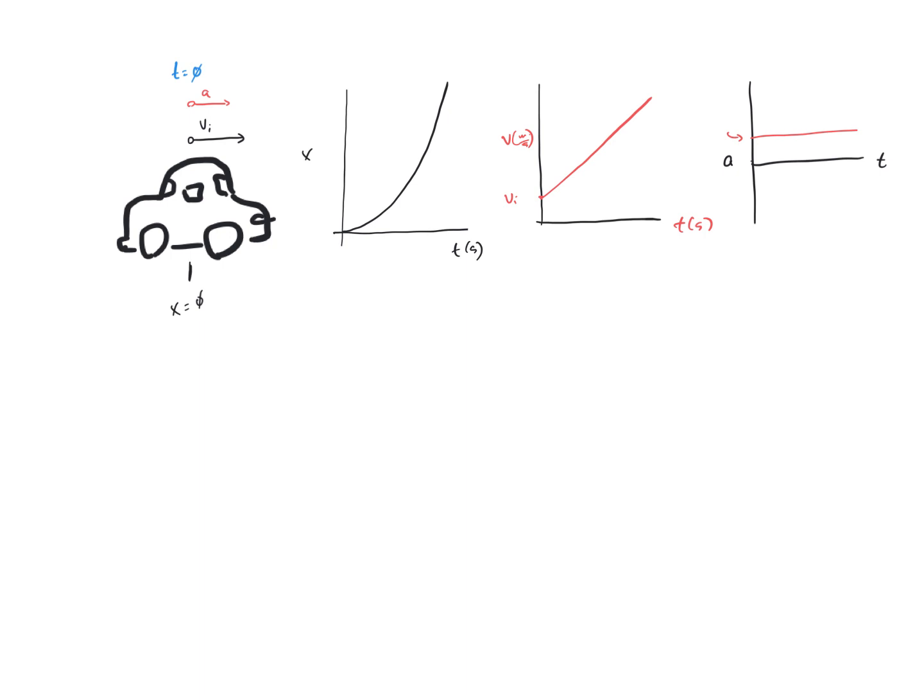All right, the reason I want to go through this scenario is I want to talk about how we actually derive the equation to explain that in terms of velocity, initial velocity, time, and acceleration. And we're going to do that by actually starting with this line, the velocity versus time.